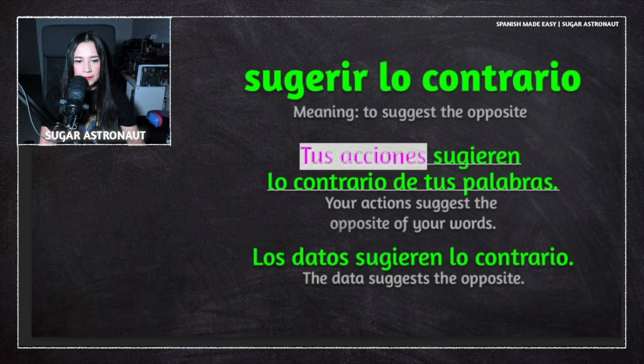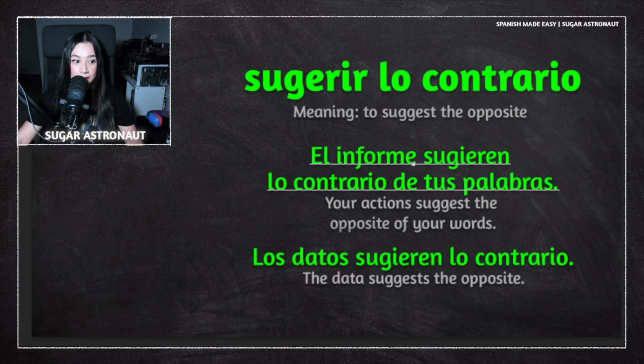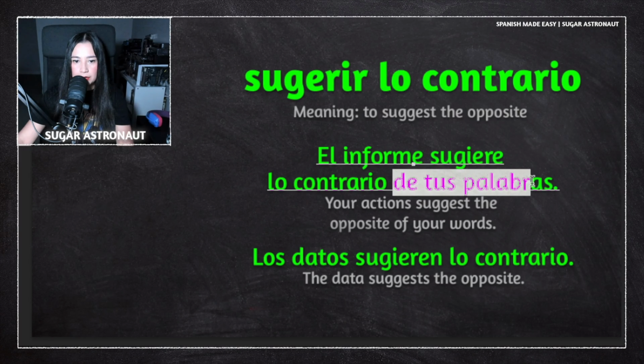Now, let me see. I'm trying to find a singular noun that makes sense here. El informe. El informe means the report. Sugiere lo contrario.